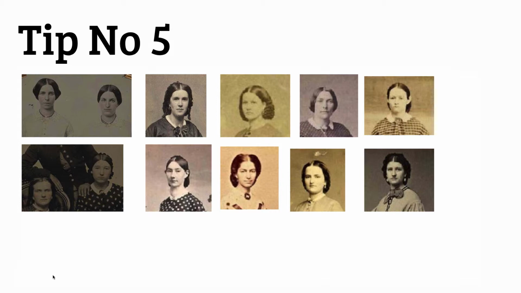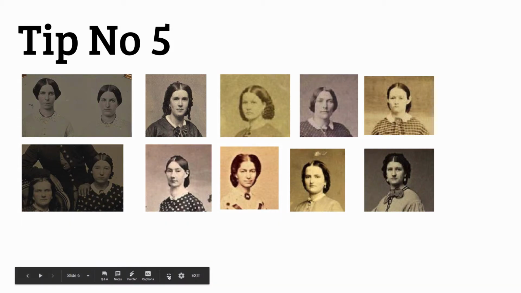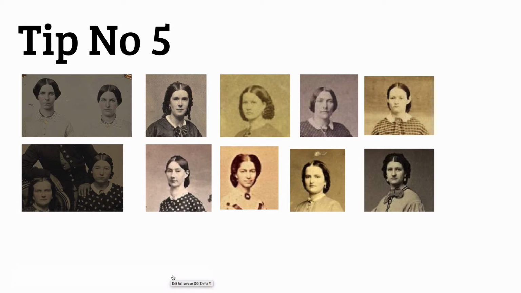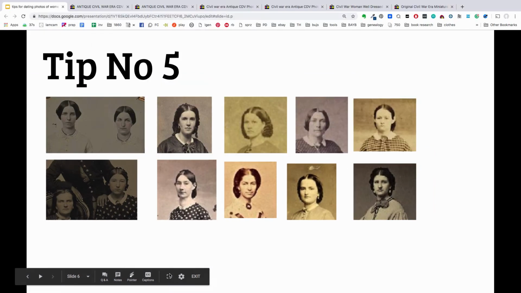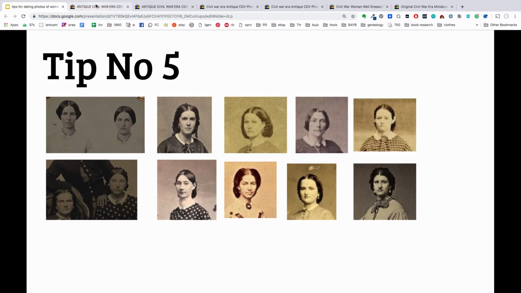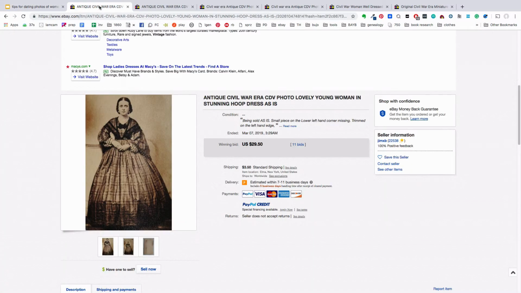Now I'm going to pop over to eBay and show you some of these photos that have been found in the wild and point out how you could have used the tips to peg down the dates. So, very straightforward.